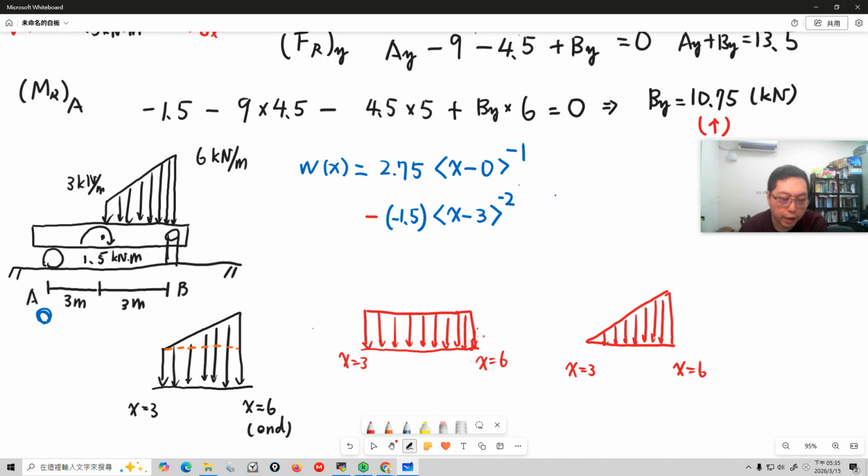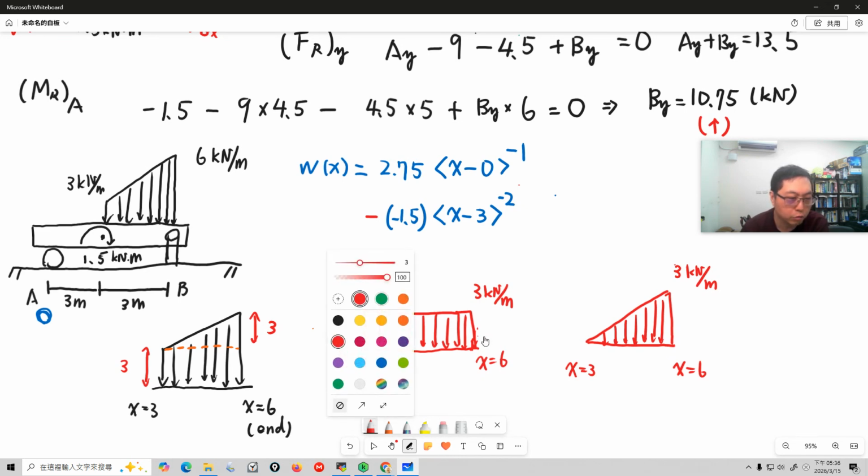The height here is 3 kilonewton per meter. Don't forget. This trapezoid can be seen as the combination of these two shapes.